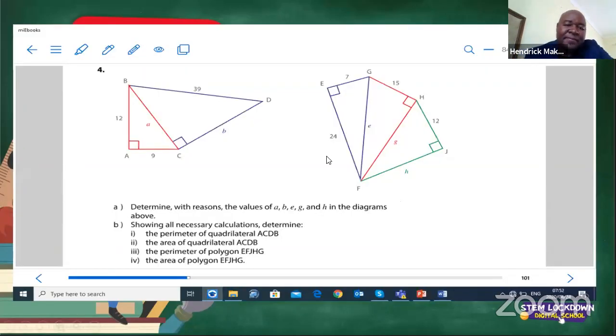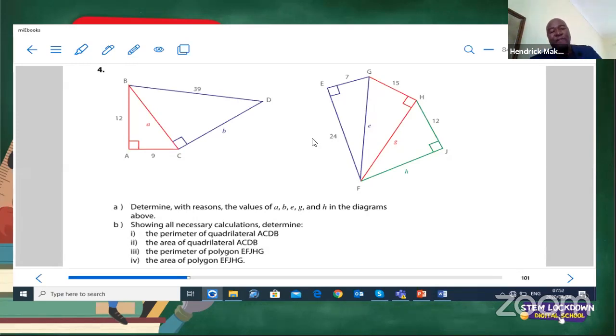As you can see, we have got 5 different triangles there that we'll be looking at. Triangle ABC, triangle BCD, triangle EFG, then FGH, FHJ.